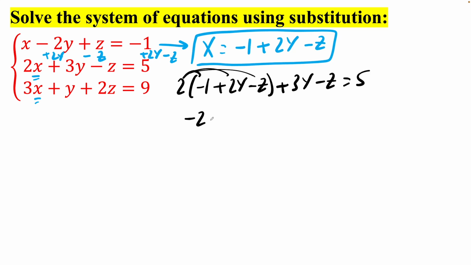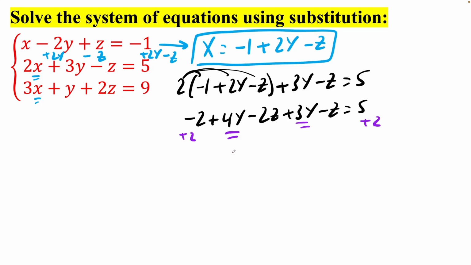So we get -2 plus 4y minus 2z plus 3y minus z is equal to 5. Now we'll do some combination. Add 2 here, add 2 here, 4y, 3y, 7y, -2z, z, so you have -3z is equal to 5 plus 2 is 7. I'm going to go ahead and circle this.